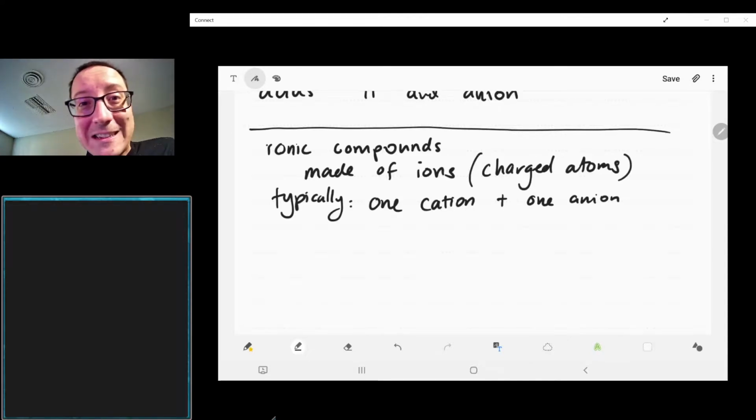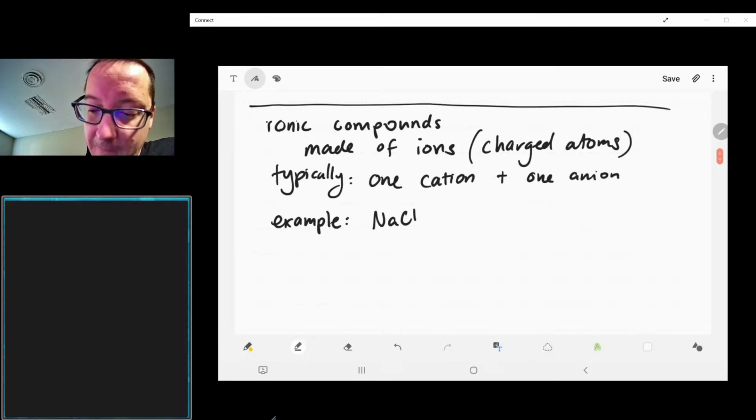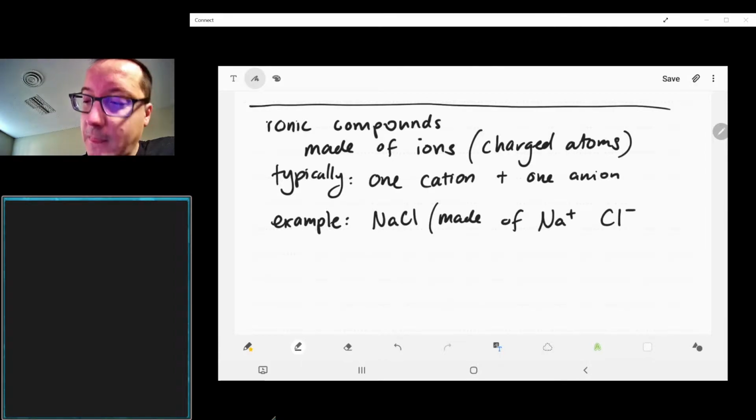And by that I mean one type, not necessarily just one sodium ion, but I just mean that sodium will be your cation here, and your anion can be whatever your anion happens to be. And so our most famous one, of course, being sodium chloride. We're going to see that this is made of Na plus and Cl minus.